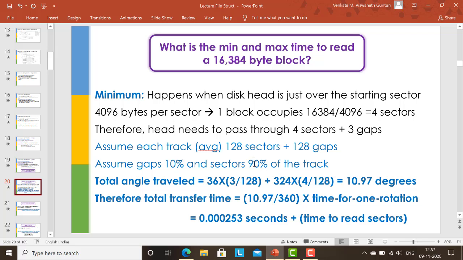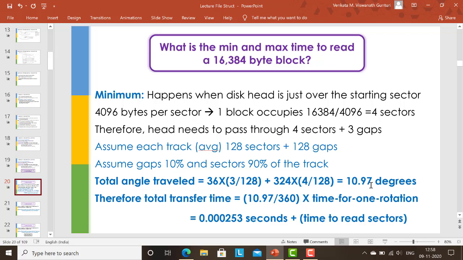Under these assumptions, if we have to read 4 sectors and 3 gaps, the total degrees we have to read is 10.97. So that arc of 4 sectors and 3 gaps will subtend an angle of 10.97 degrees at the center.